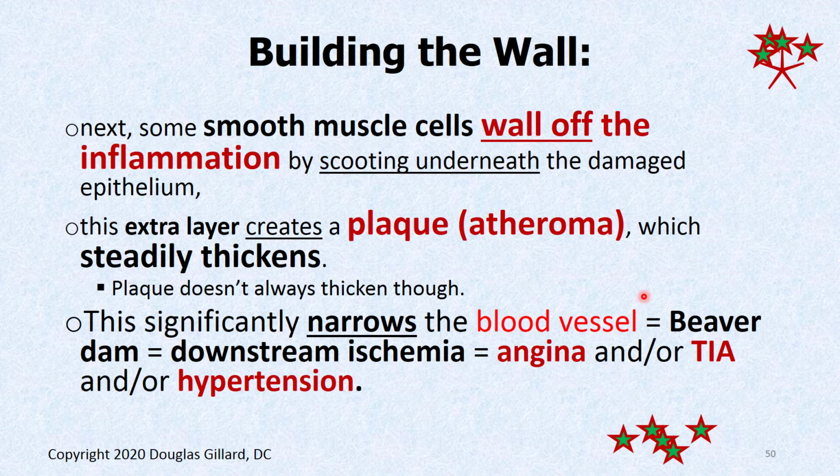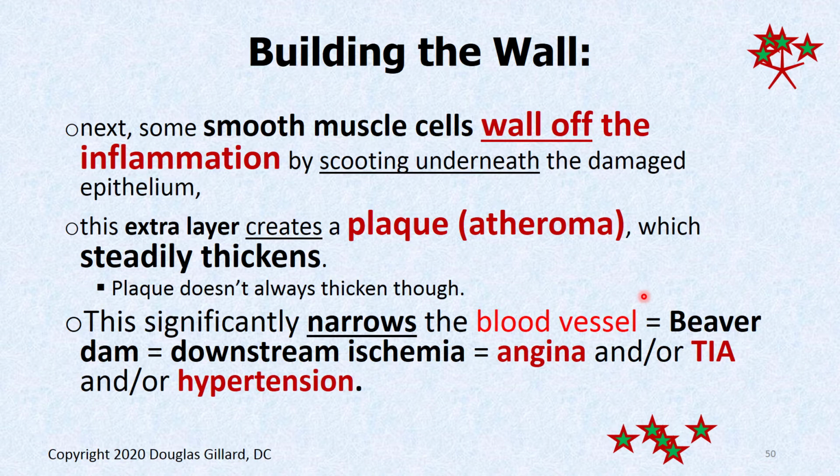All right? Now all this piling up of macrophage and smooth muscle cells, foam cells, and engorged smooth muscle cells, it's really starting to bulge out the endothelium into the lumen, and it's decreasing the size of the lumen by this point.